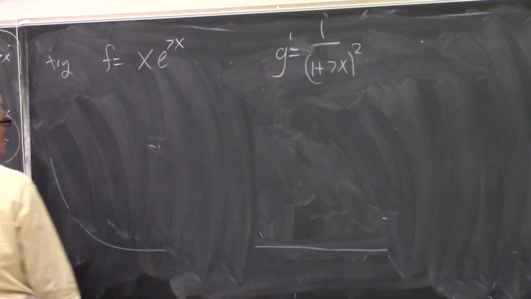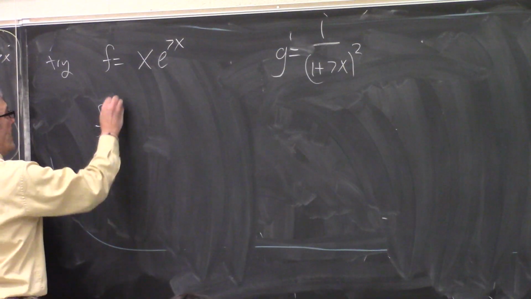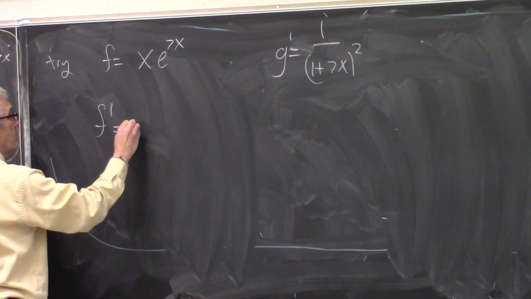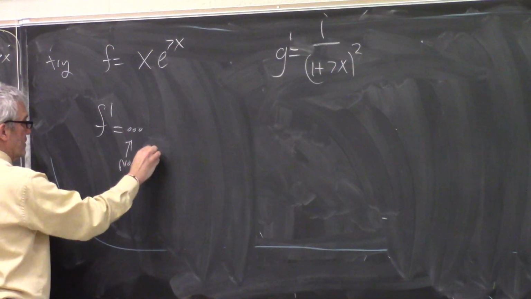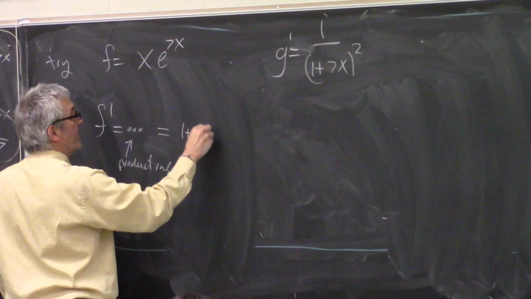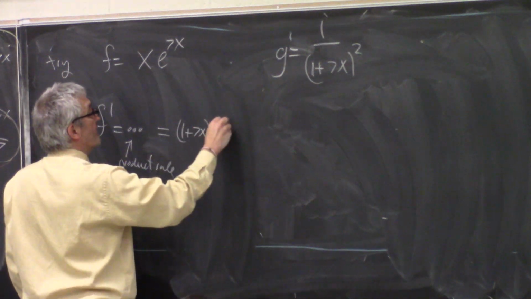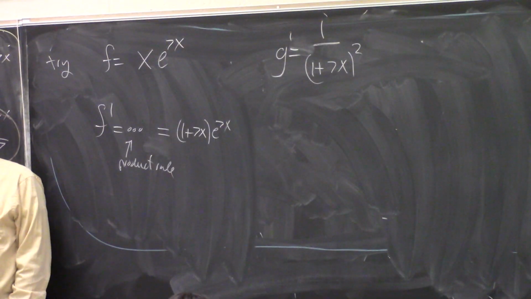Well, f prime, if you use the product rule, you get (1 plus 7x) e to the 7x. Oh, that's interesting. A 1 plus 7x emerges.